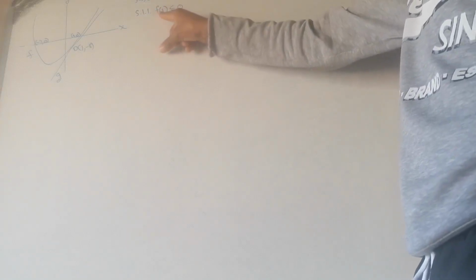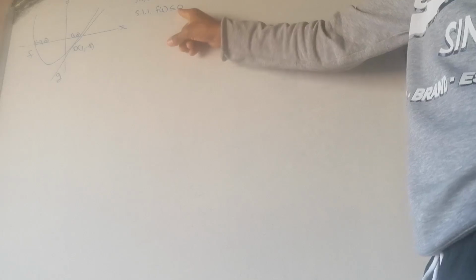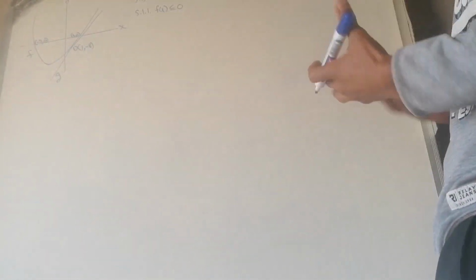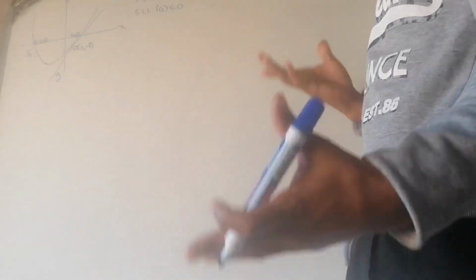I know that f(x) is the same as y, where y is less than or equal to 0. So f(x) is our parabola. Where is our parabola equal to 0? At the x-axis, at the x-intercepts, I know that y is equal to 0. y is equal to 0 at x equals -3 and x equals 2.